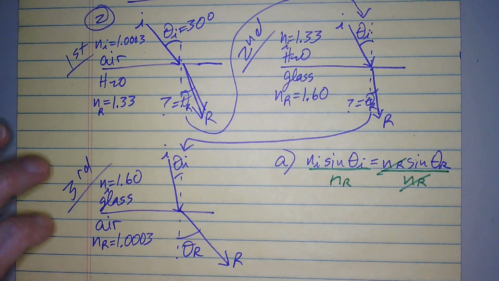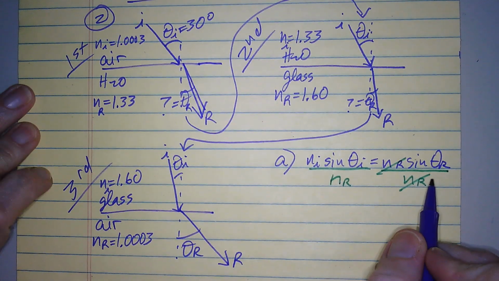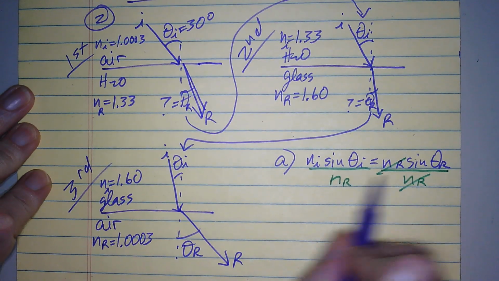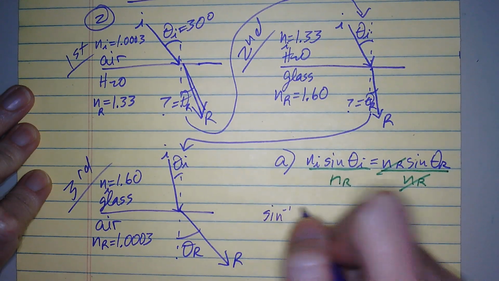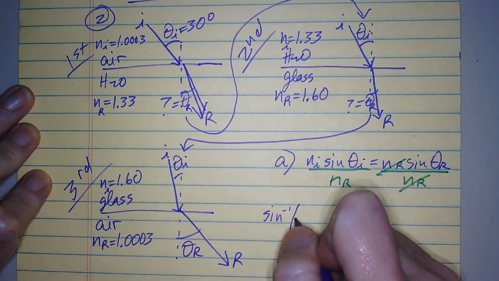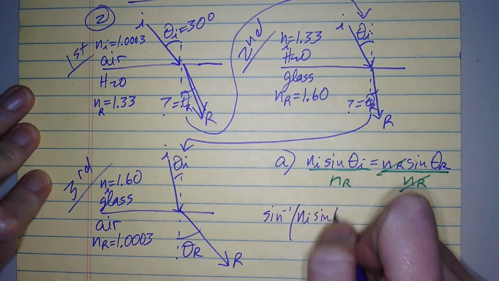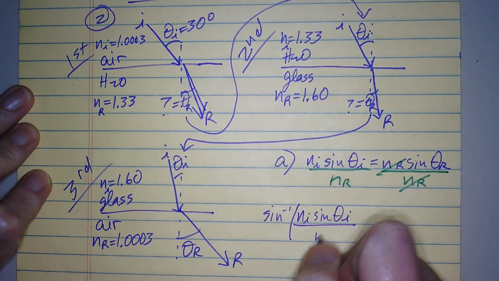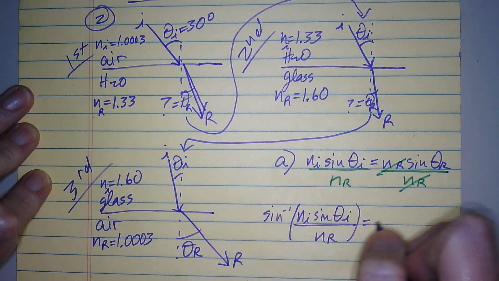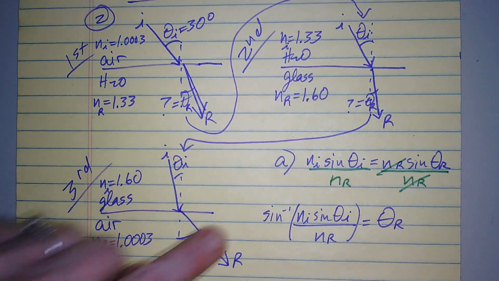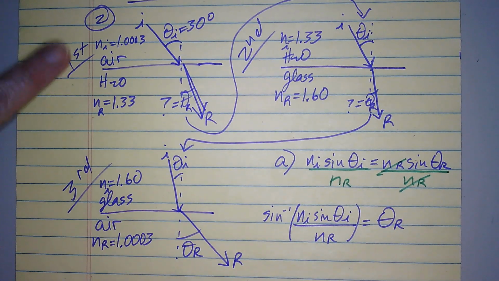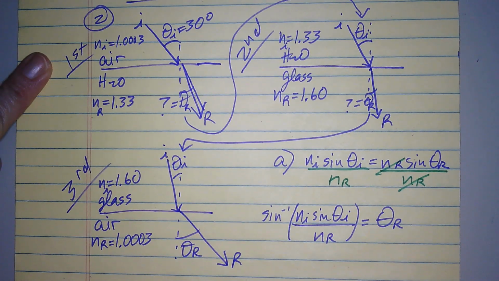And then if I want theta R, I need to take the inverse sine of everything on this side. So theta R equals inverse sine of Ni sine theta I over Nr. Okay, so for A, you're going to do that, but only for the first situation.